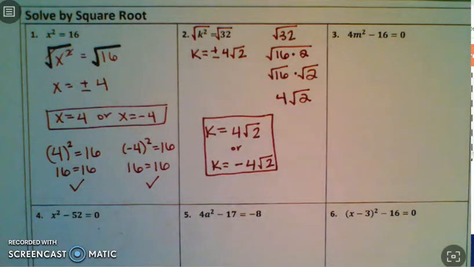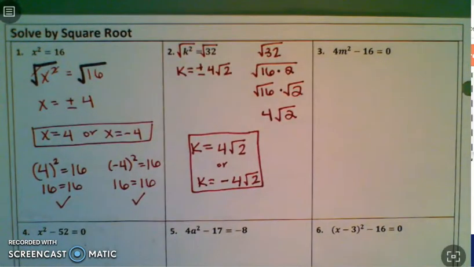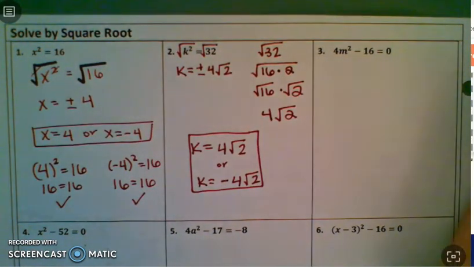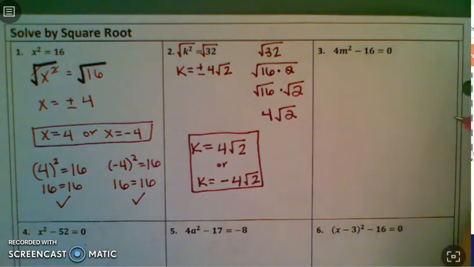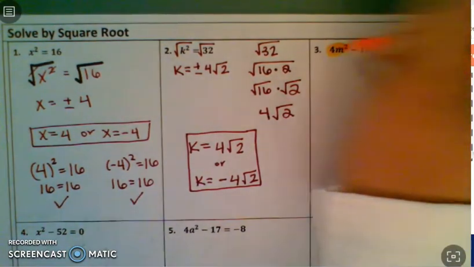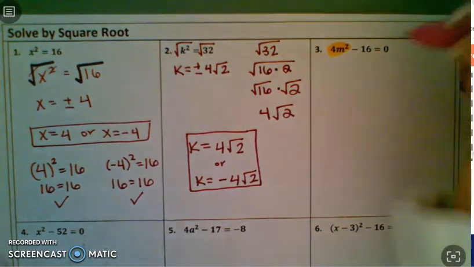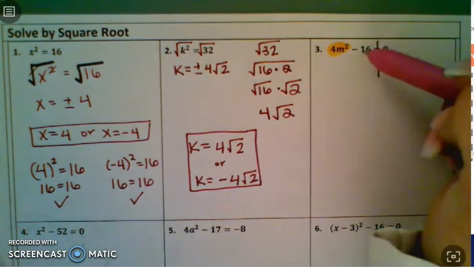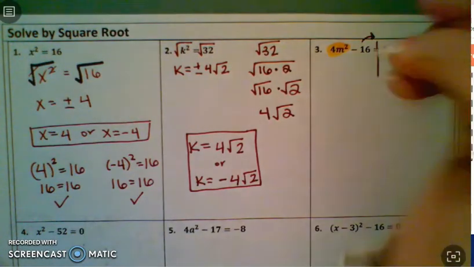Okay, let's look at number 3. So number 3 has a little bit more going on. First, it's equal to 0. It doesn't have the m squared by itself. So remember, when you are solving by using the square root, you need whatever the squared is by itself. So we have to go ahead and move the 16 to the other side, and it's a negative 16.